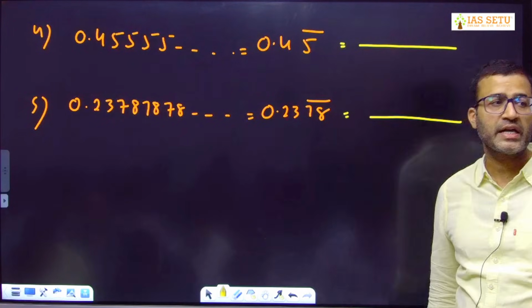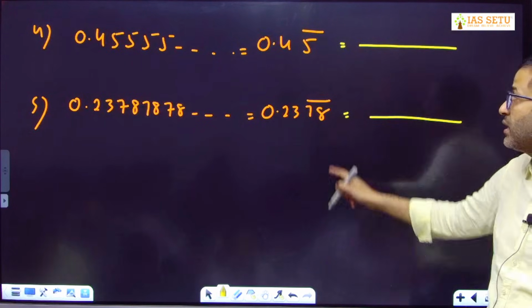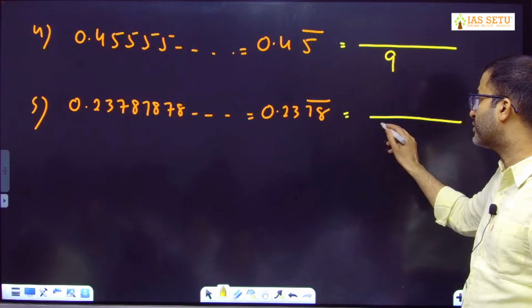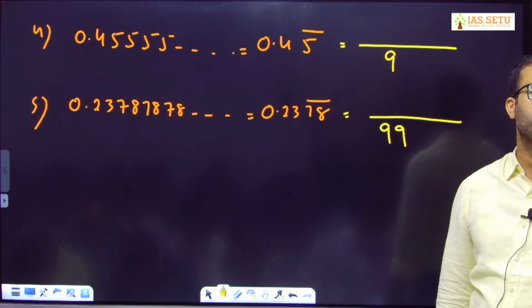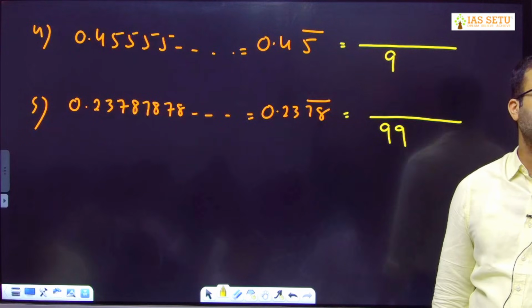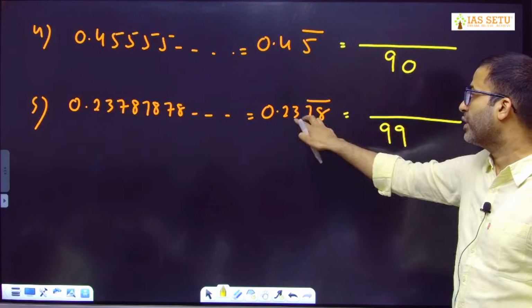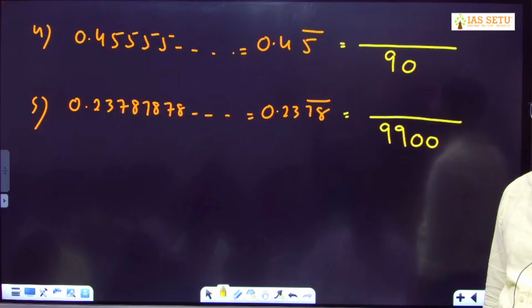Rule number 1, as many 9 as many digit under the bar. So there is one digit, 1 9. Here we have two digit, 2 9. Followed by as many 0 as many digit between decimal and recurring part. There is one digit, 1 0. Here we have two digit, 2 0. Denominator done.